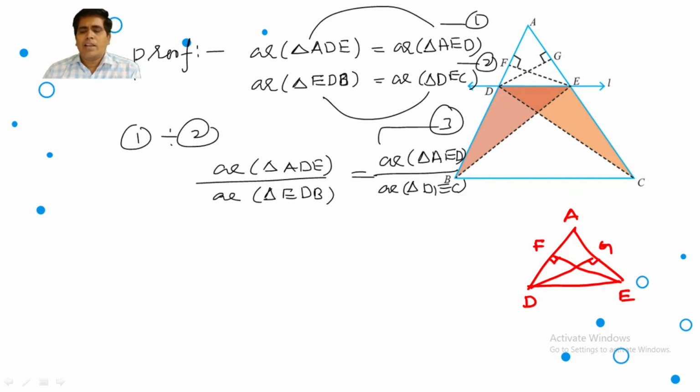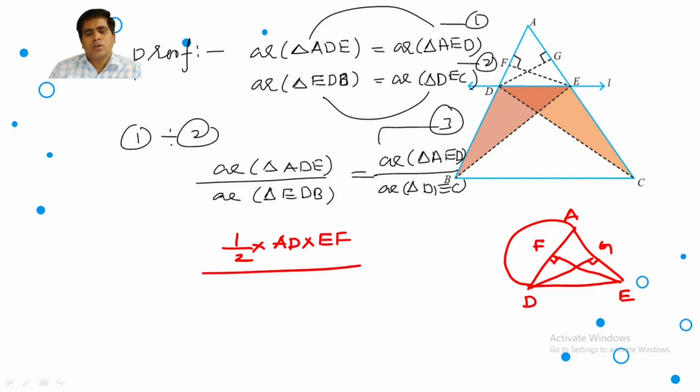So now I will calculate the area of these two triangles. What is the area of triangle ADE? I can take it as half into base. If I consider AD as the base, the corresponding altitude is EF. That is about the numerator. We'll discuss the denominator later.